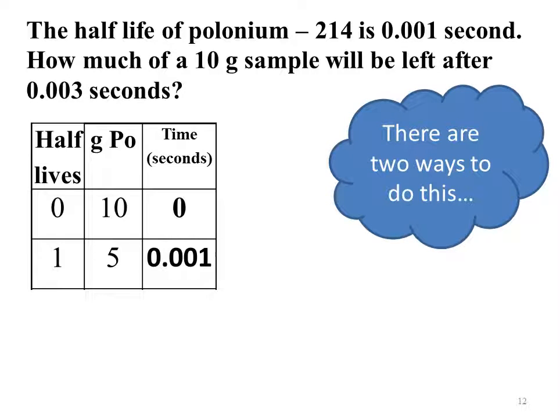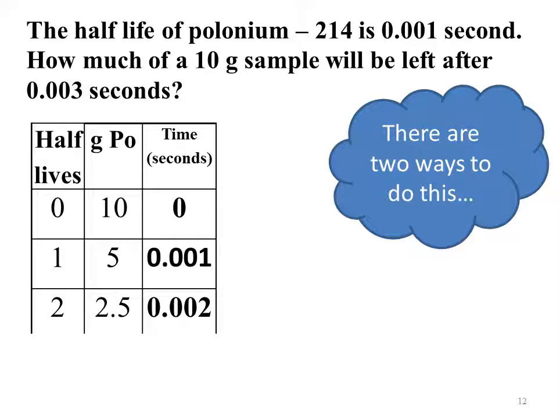After 1 half-life, half of it is going to disappear. So we know that we're going to have 5 left. And we know that the amount of time that's gone by is going to be 0.001 seconds because it tells us. Okay, so we're going to do 2 half-lives now. And we're going to divide our 5 by 2, which is 2.5. And some of this you can do without a calculator, and some of it you might need a calculator for.